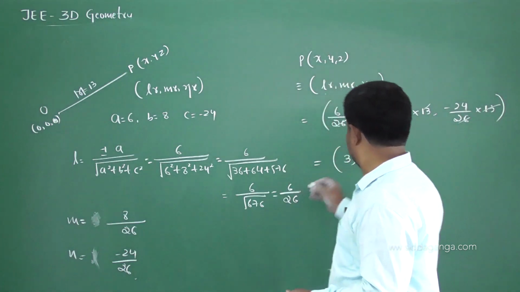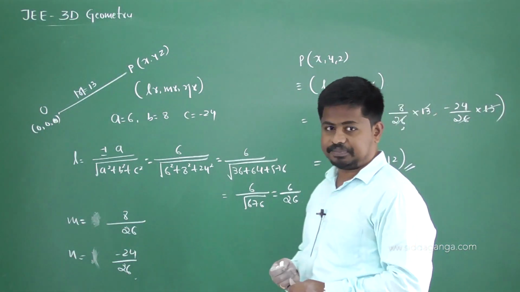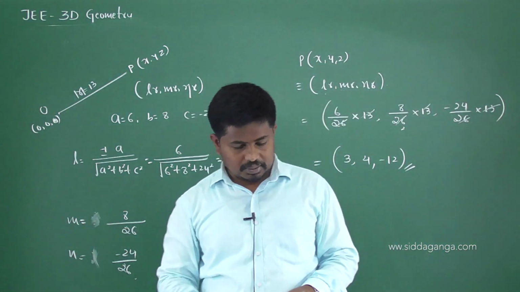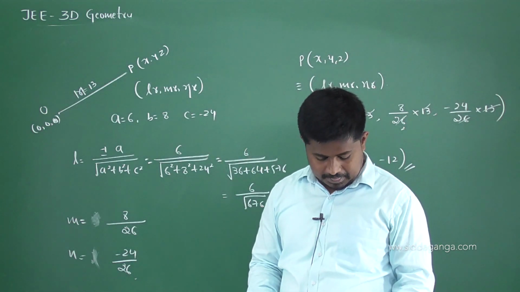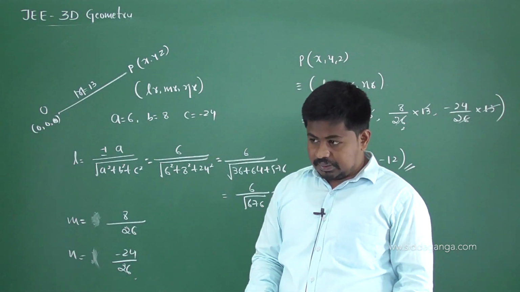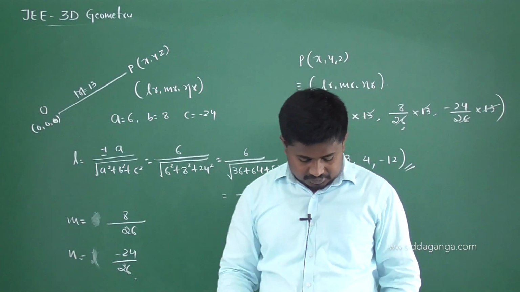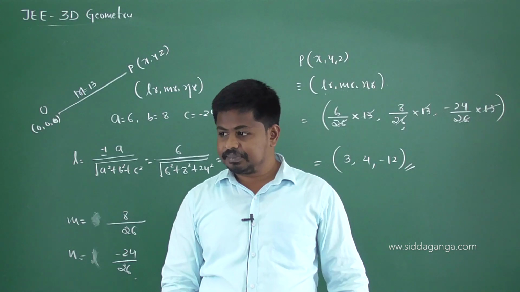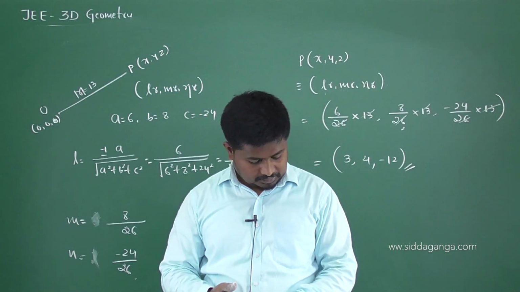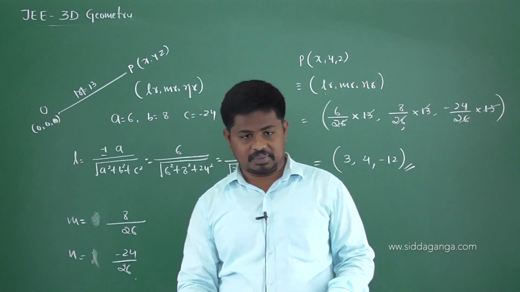That's why 3, 4, minus 12 is the correct one. So option 3 is the correct one.